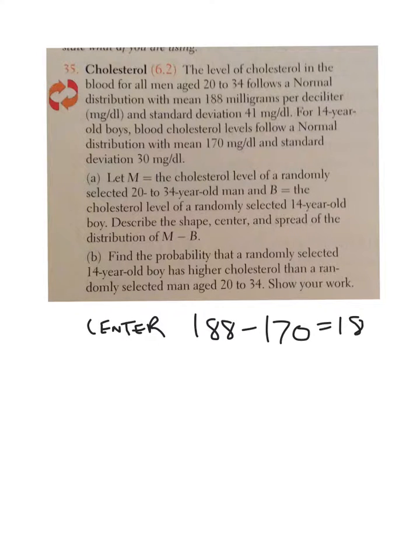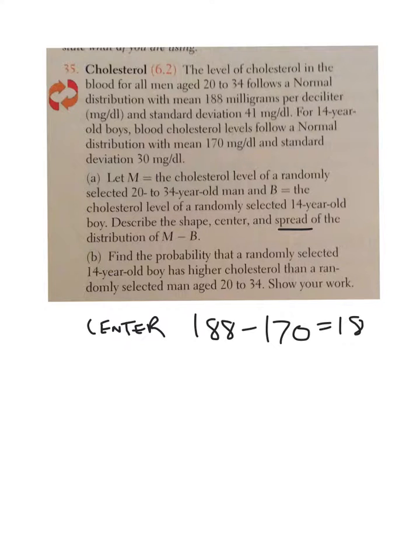Now, what else do they want? How about the spread? In this case, the standard deviations, remember, I said it today: square them, add them, take the square root.